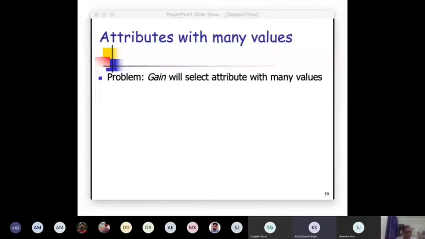So can you guess anything about this? What could be the characteristics of this kind of attribute which is causing the information gain to be much higher? Do you have any idea? No, sir. Okay, fine.